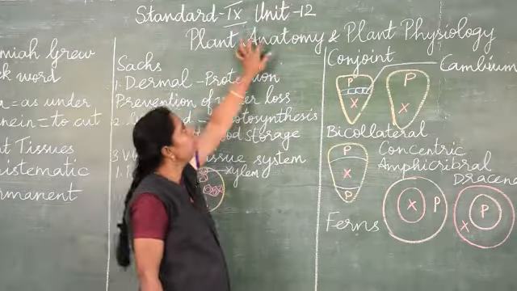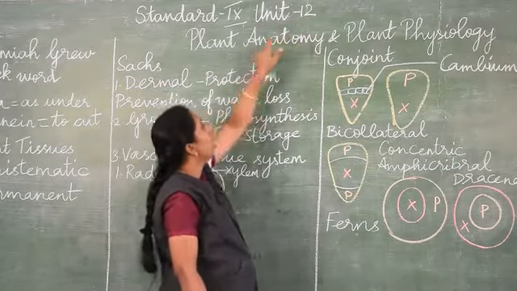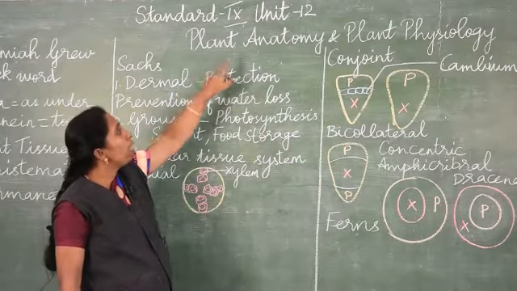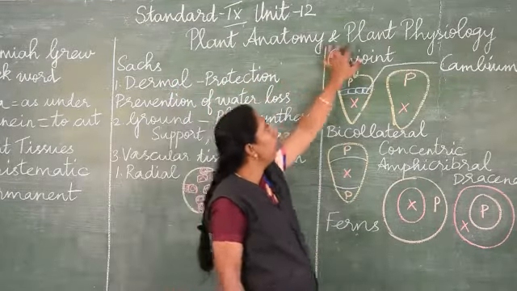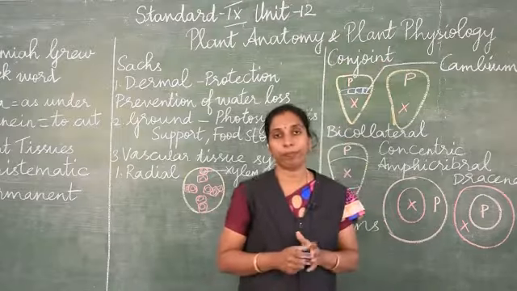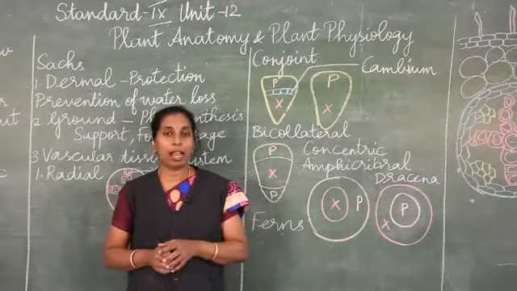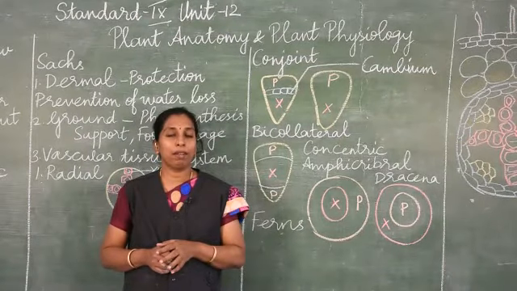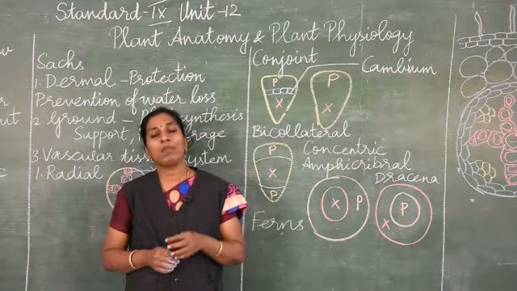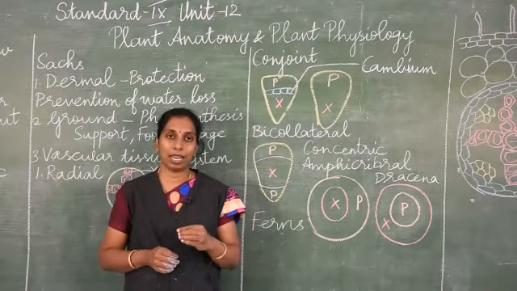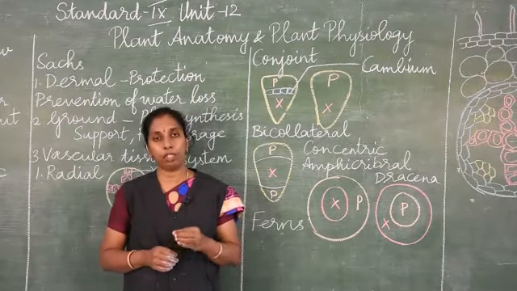So unit number 12, and the lesson name is plant anatomy and plant physiology. What is the name of this lesson? Plant anatomy and plant physiology. First we shall learn what these terms mean.